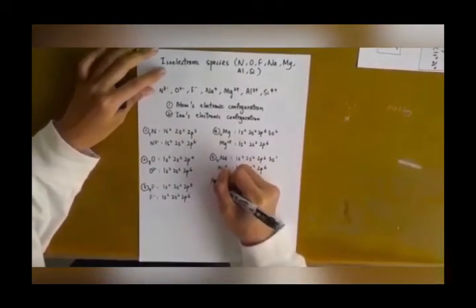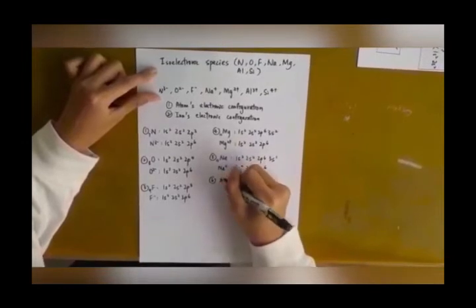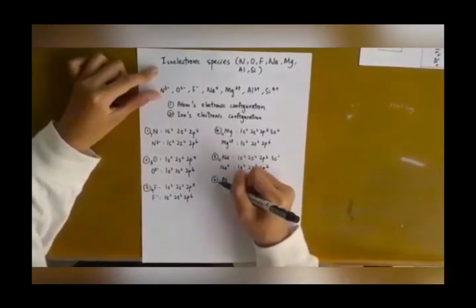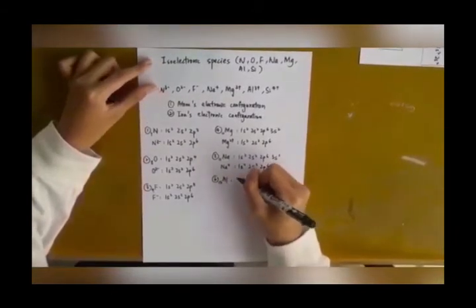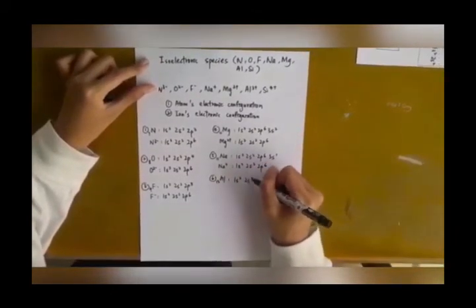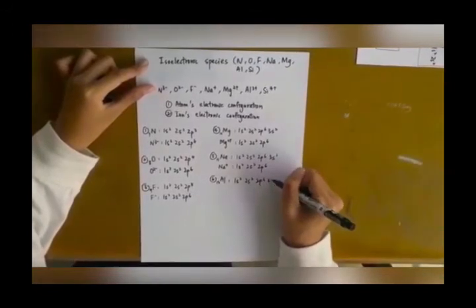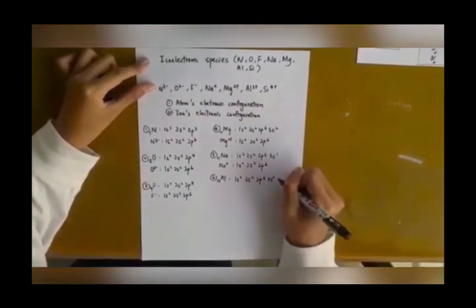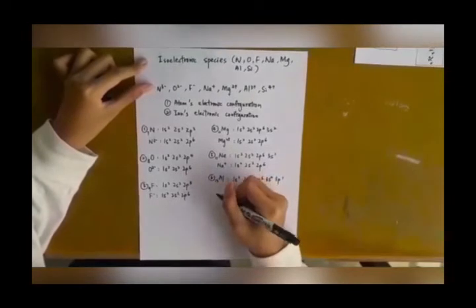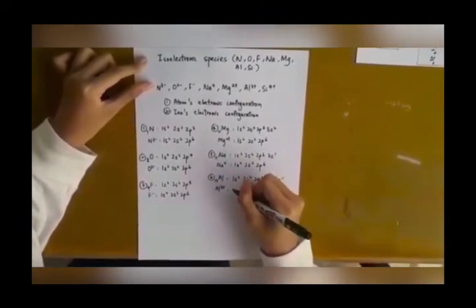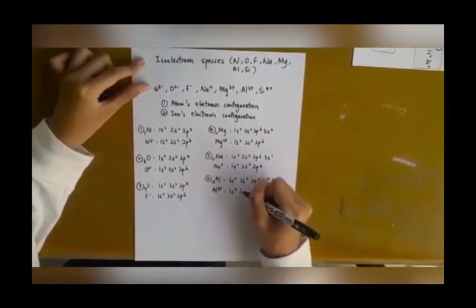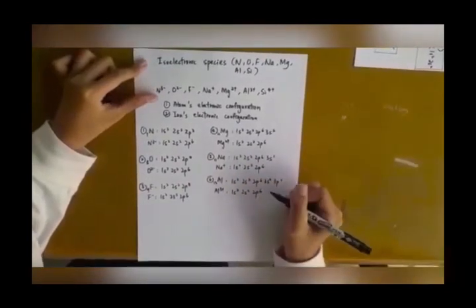And number 6 is aluminium. Aluminium has proton number of 13. So the electronic configuration of aluminium is 1s2, 2s2, 2p6, 3s2, and 3p1. When it becomes aluminium ions, it will have electronic configuration of 1s2, 2s2, 2p6.